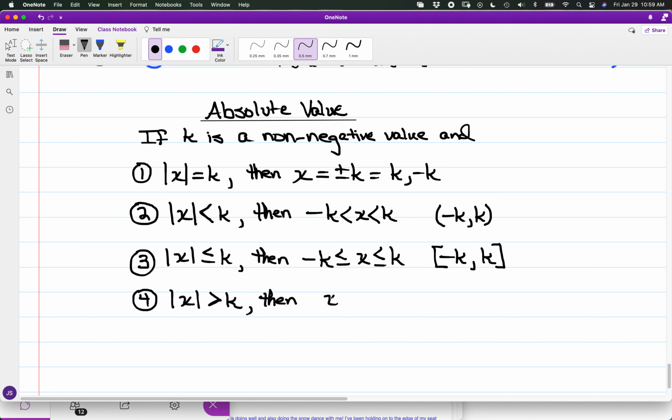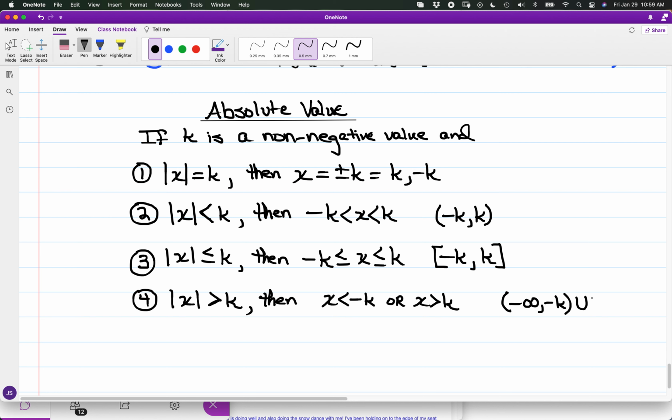So you might have at the lower end that x is going to be less than negative k, but x is also going to be increasing at the positive end of the spectrum, where x is greater than k. In terms of the interval notation, for x less than negative k, we'd have going from negative infinity and approaching but not including negative k.